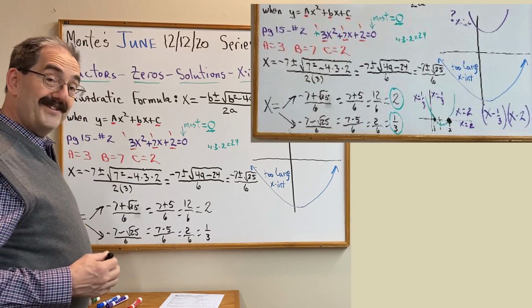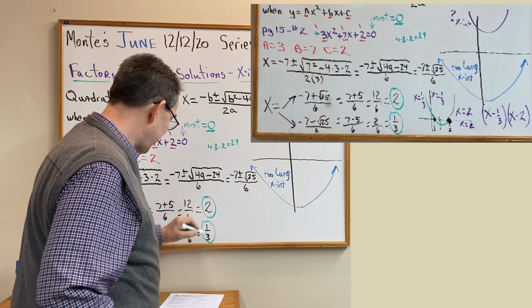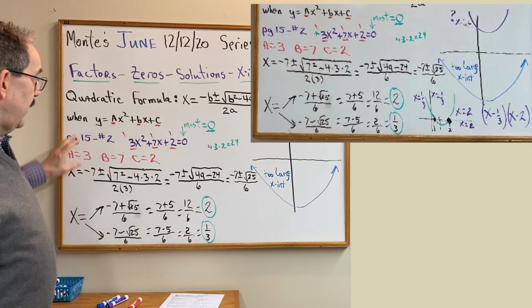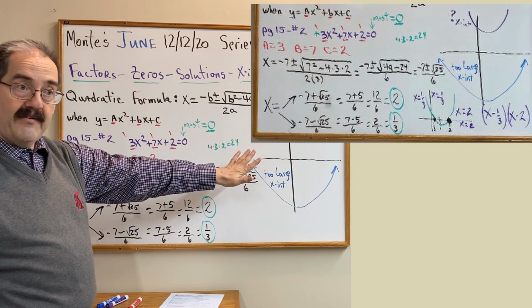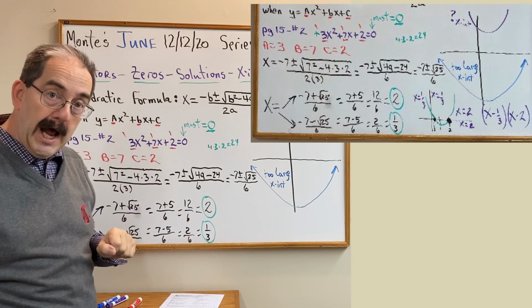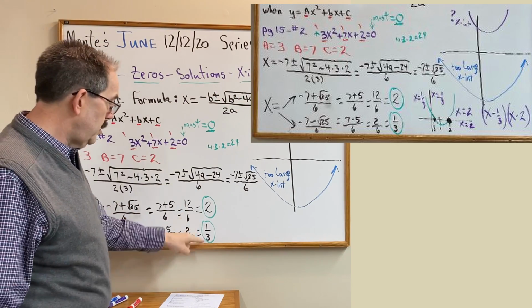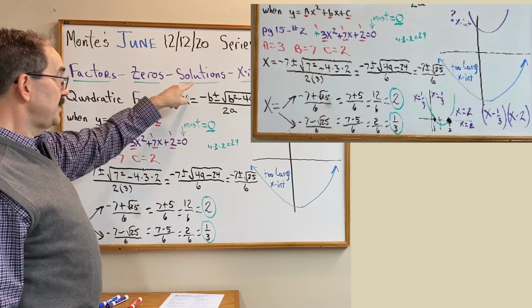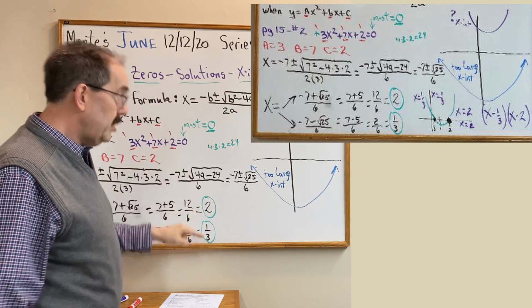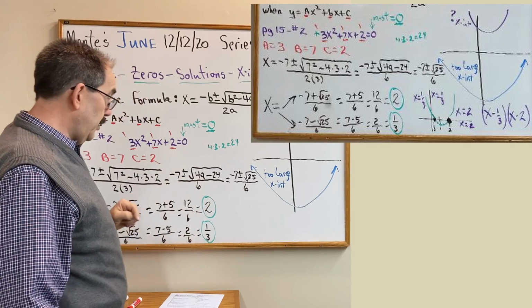Actually, that's our answer. We didn't have to use a graph. We just used the quadratic formula, and we've gotten the x-intercepts, 2 and 1/3. The solutions, 2 and 1/3. The zeros, 2 and 1/3.